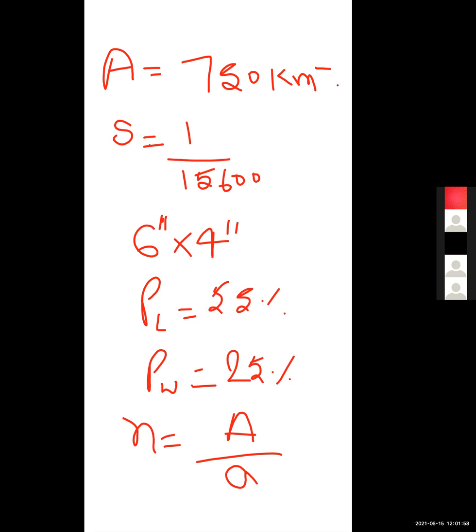First, we have to calculate the area covered on the ground by one photograph. How do we calculate that? It is 1 minus PL into 1 minus PW into L into W.